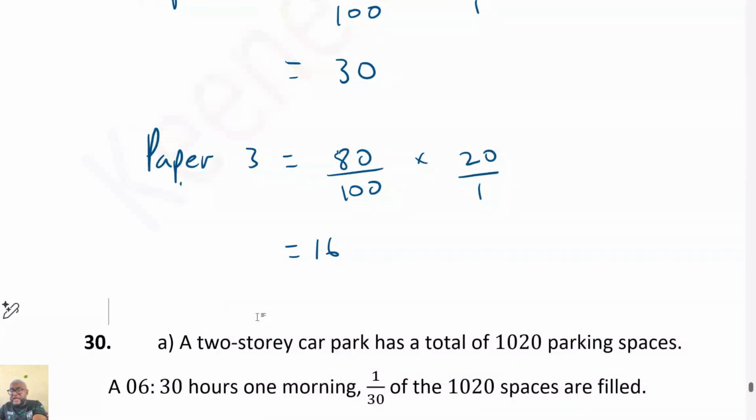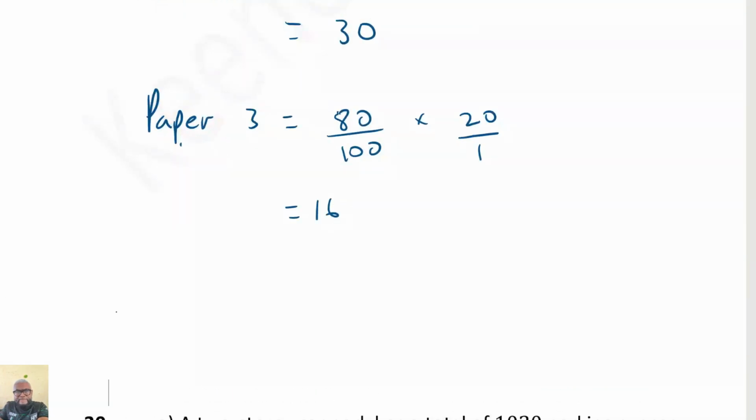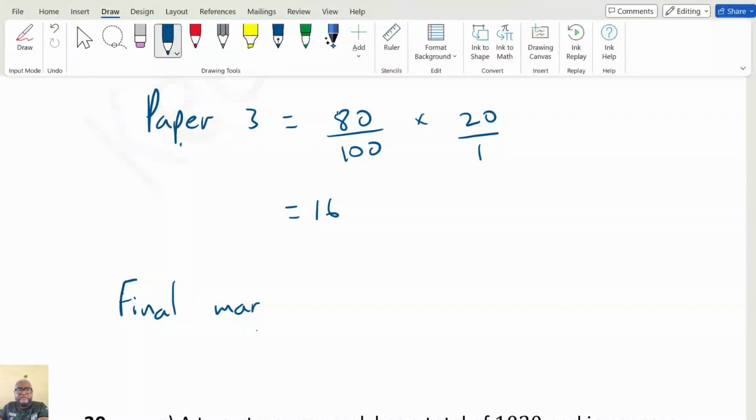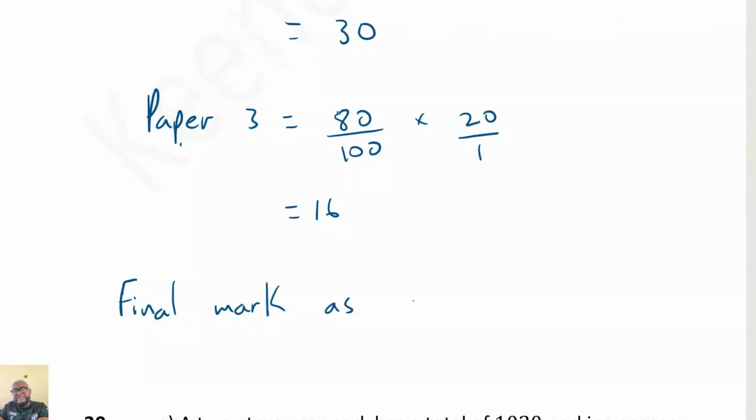So this will be the final mark as a percent. This will be equal to 16 plus 30 plus what was the first mark? 16.5. Right? When you add this up, you'll get the total mark.